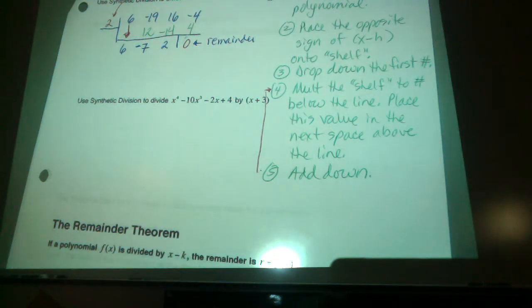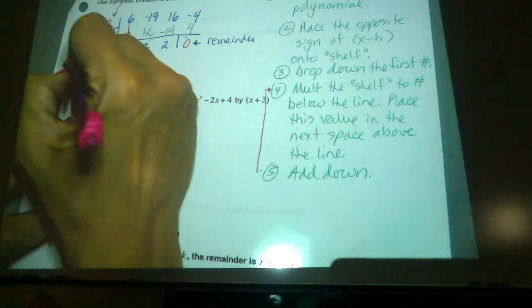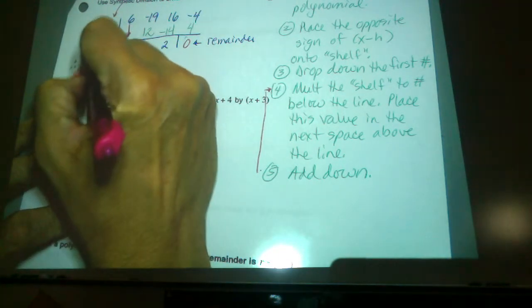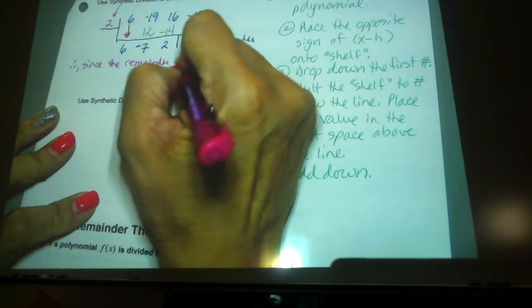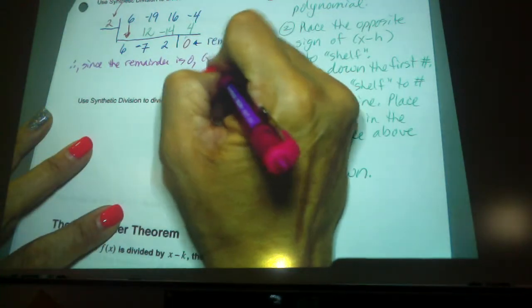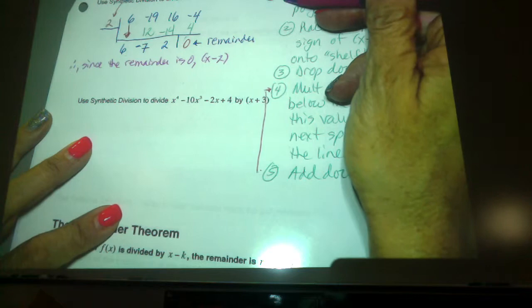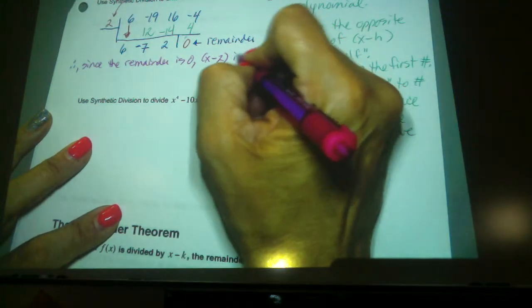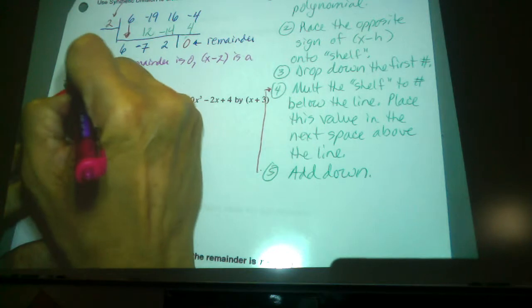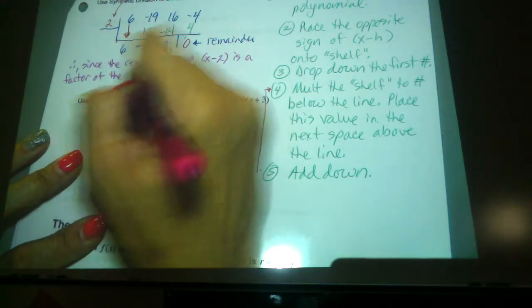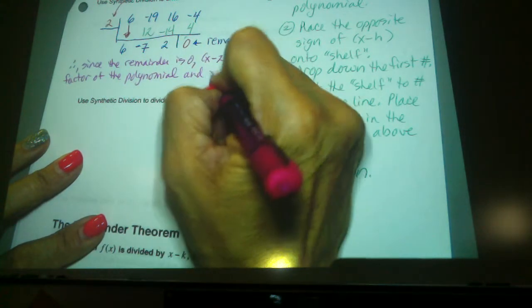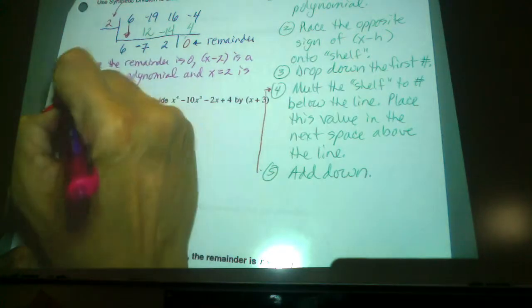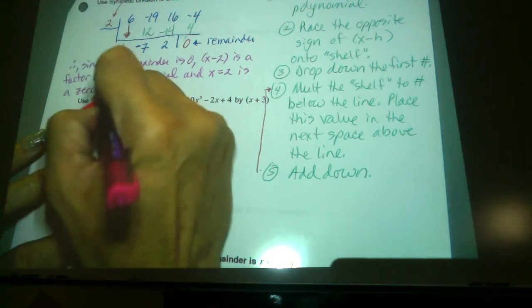Because 0 is my remainder, 2 things I know. Since the remainder is 0, x minus 2, that's what I divided by, that's my binomial, is a factor of the polynomial, and x equals 2 is a 0 of the polynomial.